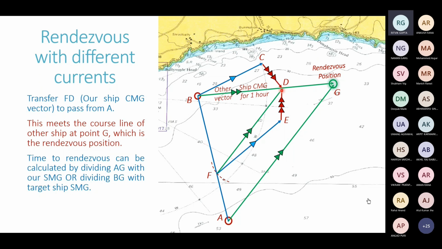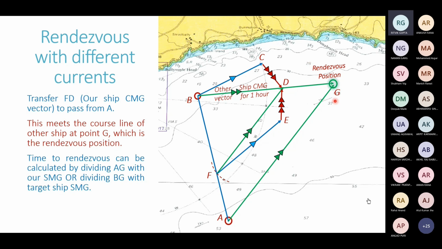So FD, which is a vector having a duration of 1 hour, represents our speed made good in 1 hour. So if you divide the Alpha Golf distance by FD, which is our speed made good, we can easily obtain the time it will take for our ship to reach the rendezvous position.